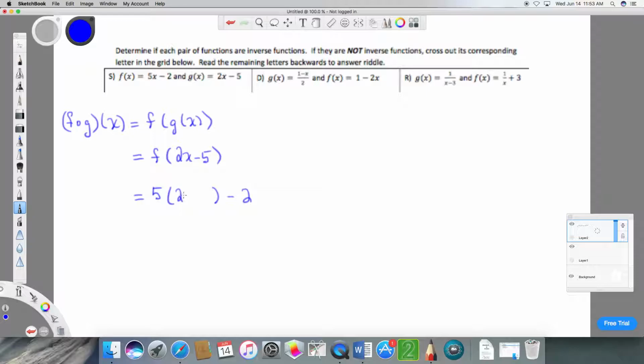Our input is 2x minus 5. So we distribute the 5. And I get 10x minus 27. So since this is not equal to x, I know that f and g are not inverses.